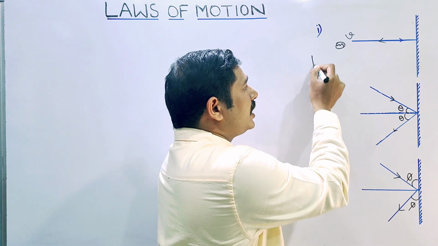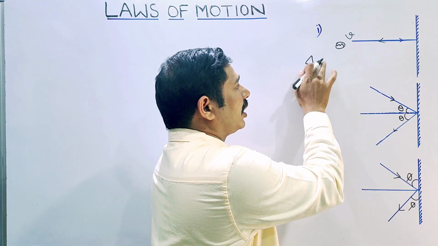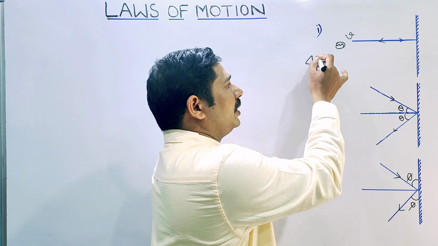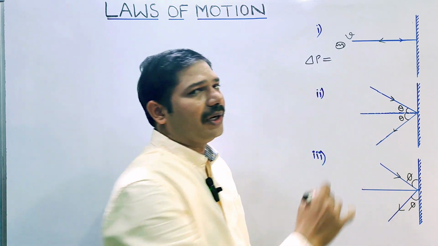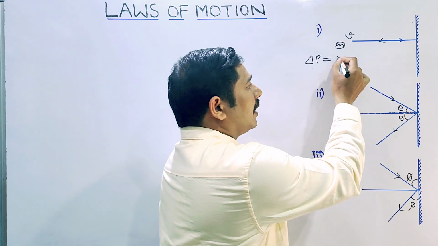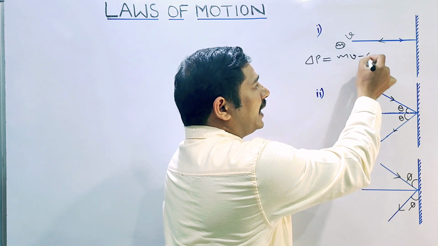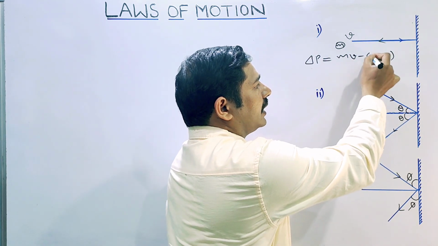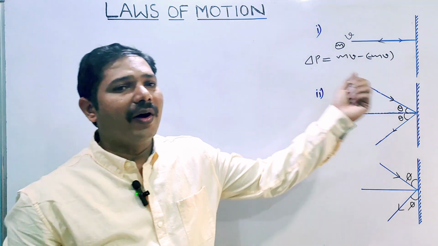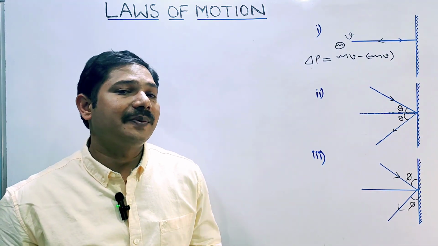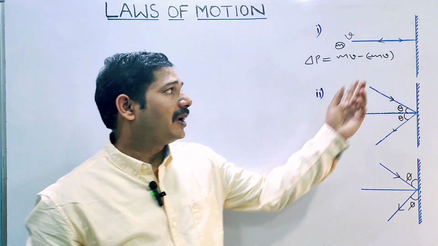The change in momentum is denoted by the symbol delta p. Delta p equal to mv, the moving time, minus of minus, because while returning it comes with the same speed only, so minus mv.